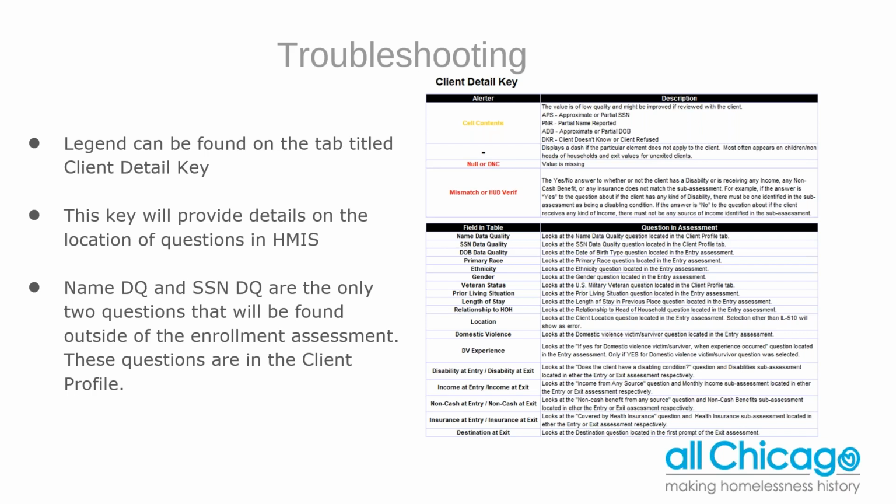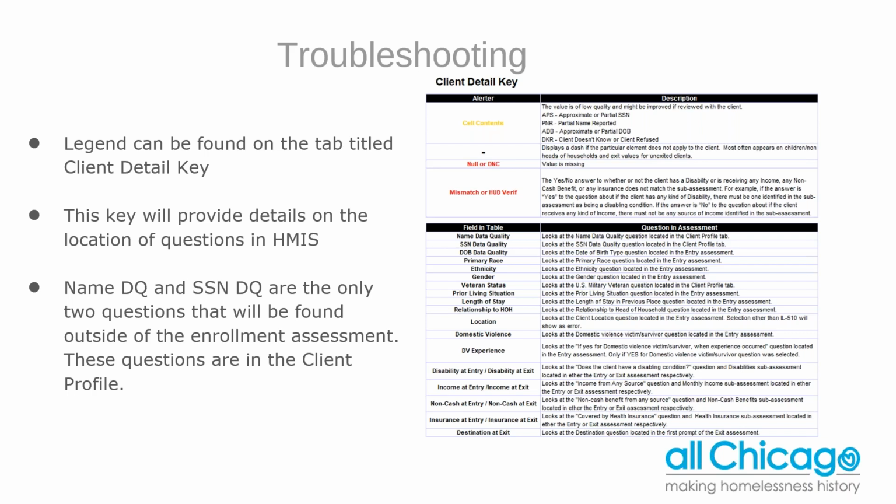For HUD verifications, if you're saying that the client has income and you put that income into the sub-assessment, but you don't complete the HUD verification to say that the additional benefits the client is not receiving, you'll receive that HUD verification error.